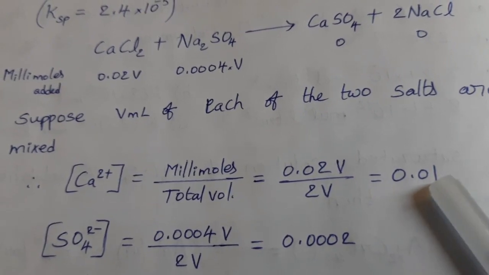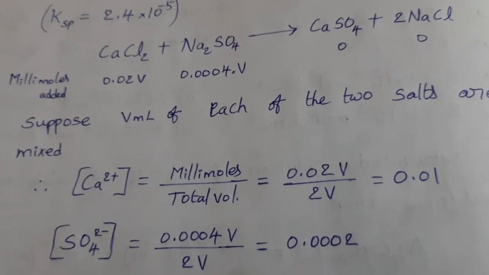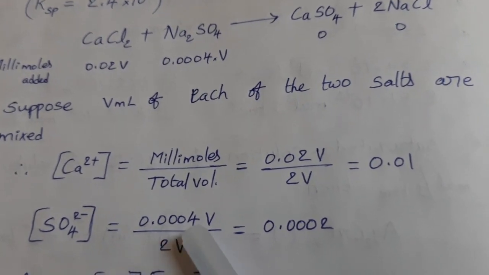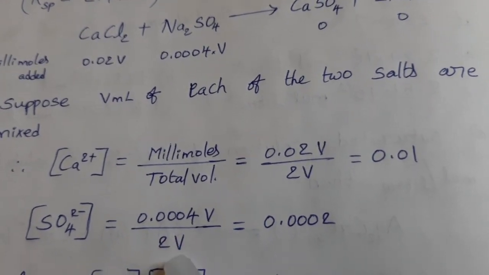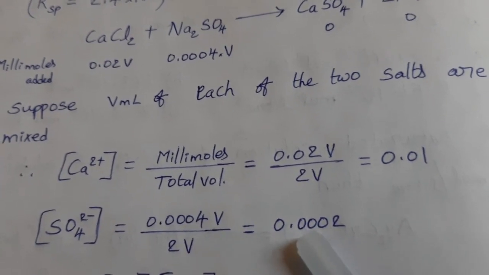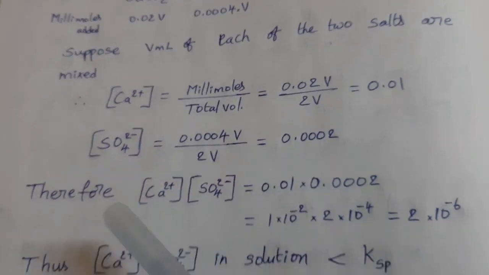From this the calcium ion concentration is 0.01. Sulfate ion concentration is 0.0004 V divided by the total volume 2V, that equals 0.0002.